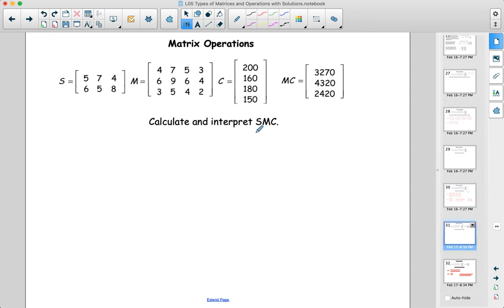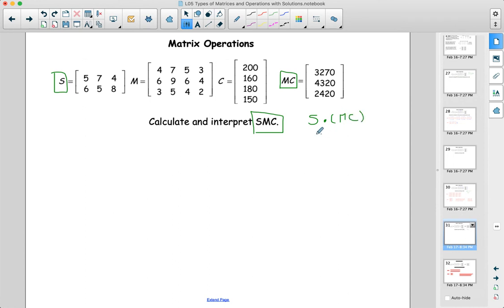All right, one last thing for you to do. Calculate S times MC. So we have got MC here. We have got S here. Now we've determined that matrix multiplication is not commutative, and we're actually going to do S times MC because we already have MC.